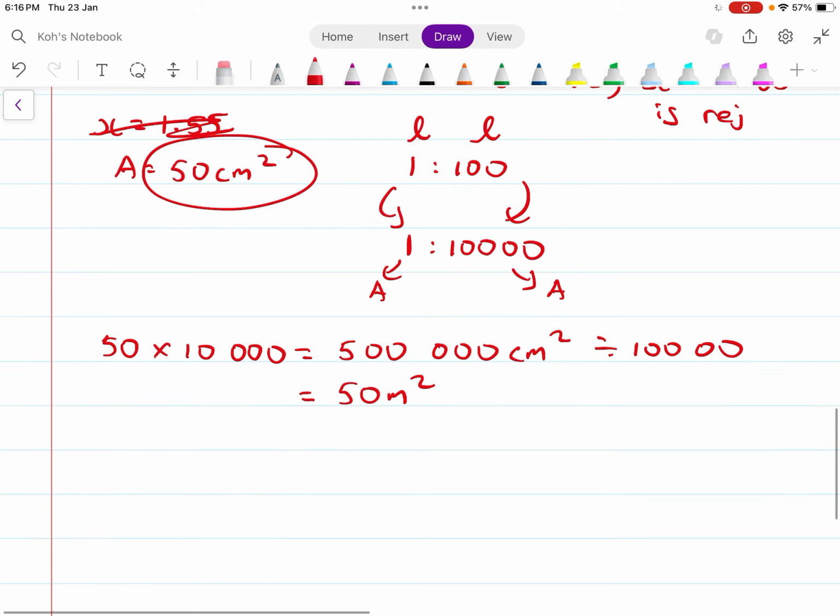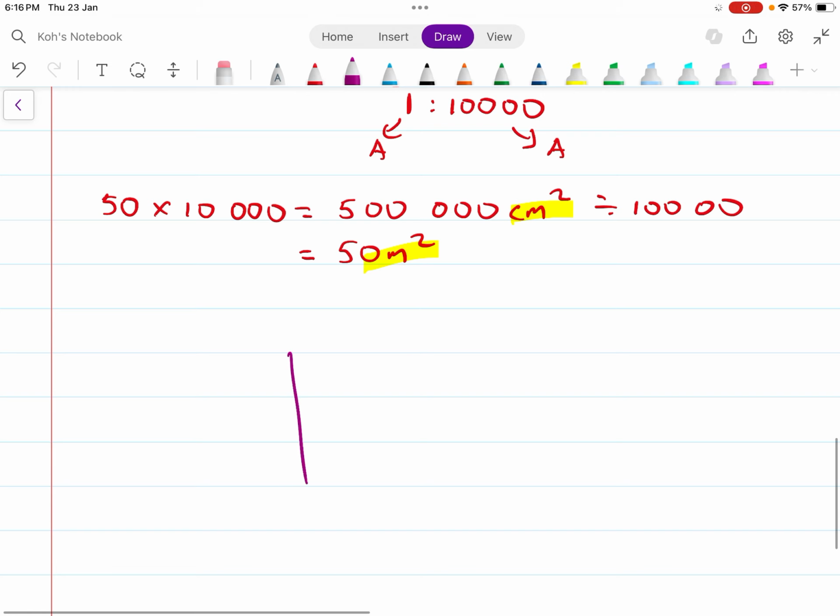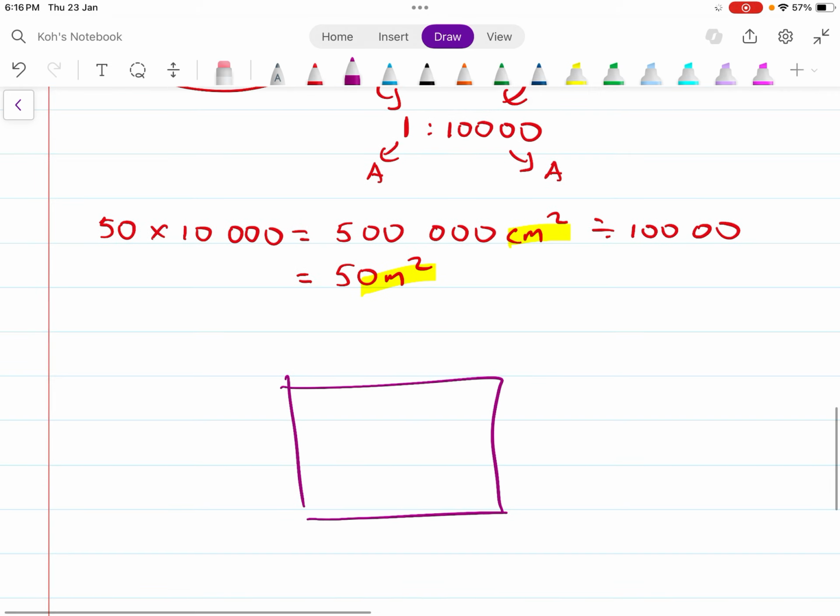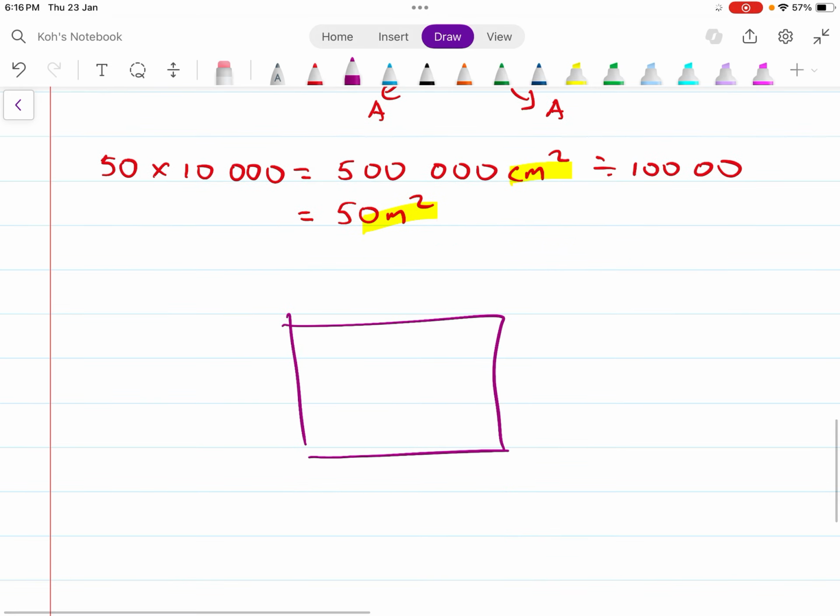Of course, for the conversion of cm squared to meter squared, you can use another method, for example the method that I taught you. It's 500,000, so you simply think what times what will give you 500,000. This will be 100,000 centimeters and this will be 5 centimeters.